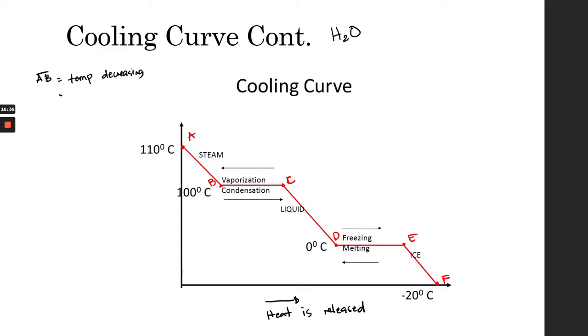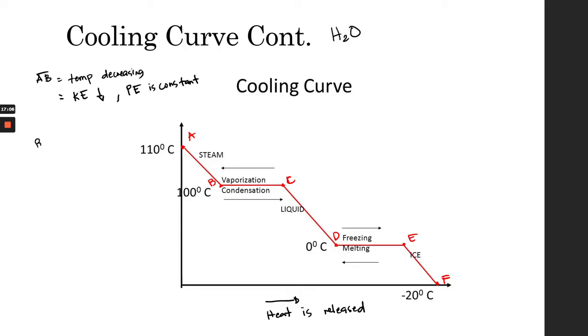So what is happening here is that the kinetic energy of the particles is decreasing, but the potential energy is constant. So as it moves from A to B, the temperature decreases, the kinetic energy decreases, the particles slow down, but the potential energy of the particles is constant.